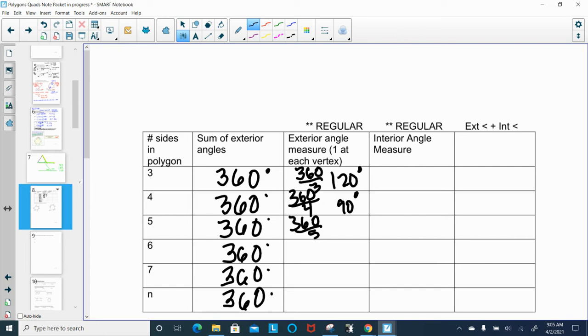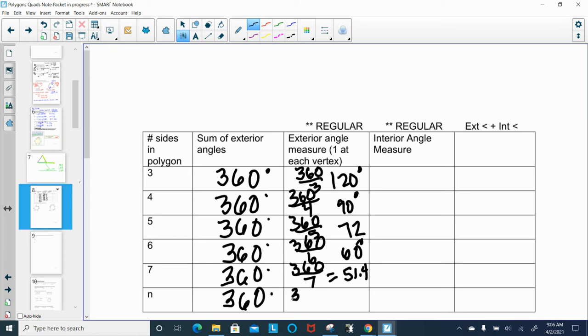I think that's going to be, I'm going to double check because I don't trust my mental math. That's going to be 72. 360 divided by 6, I know, is 60. And the 7 is going to be a decimal. But remember, we got a decimal on the other one when we did the interior. So we'll call that 51.4.